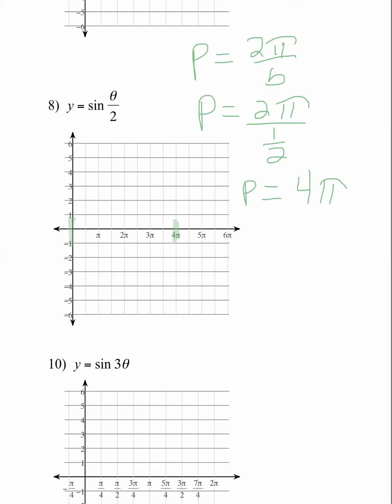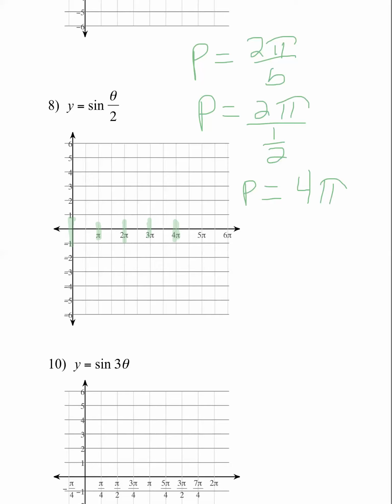And then my quarter points, oh my goodness, if the whole thing happens in 4 pi, that means my first quarter point is at 2 pi. I say first, it's not really the first because the first one's really right here. I mean the first one that I find, right? So then halfway in between 2 pi and 0 is pi, and then you have another quarter point right here. So this one, my gosh, they were so easy. So sometimes it works out very nice like that.